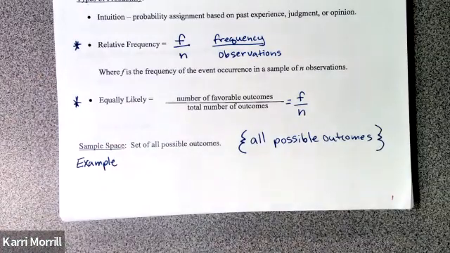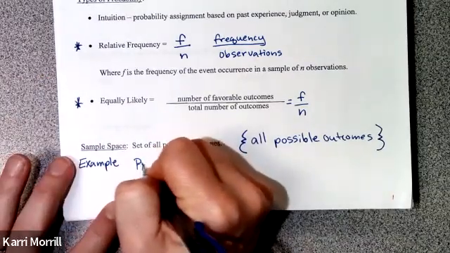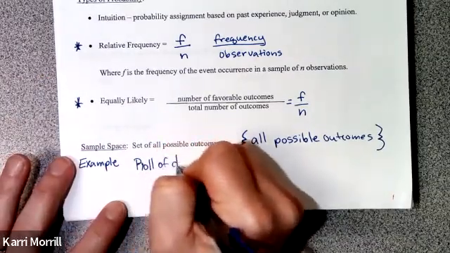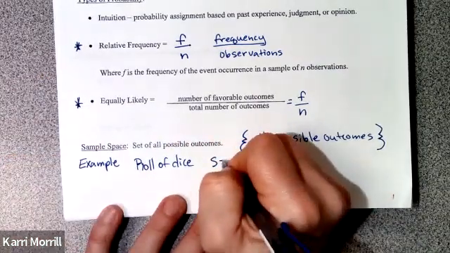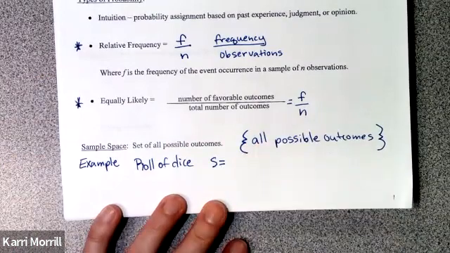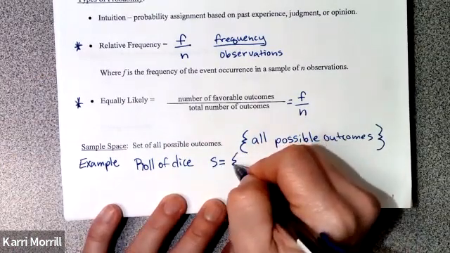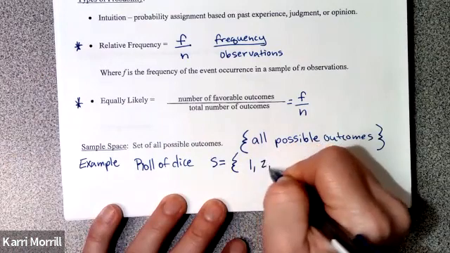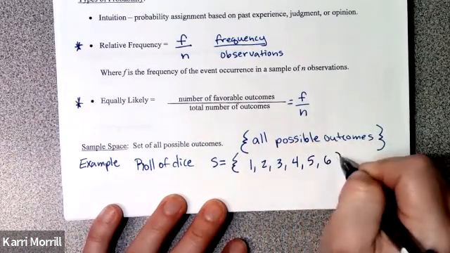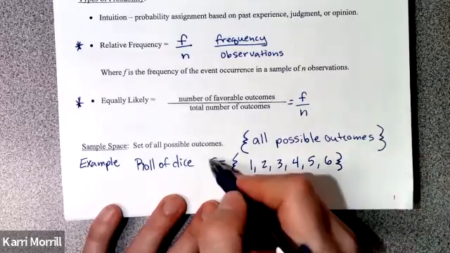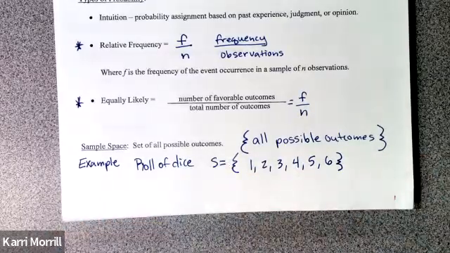We could determine the sample space of rolling a die. A lot of times you'll see S equals to represent the sample space. You could get a 1, a 2, a 3, a 4, a 5, or a 6. That's all the sample space is representing, the possible outcomes.